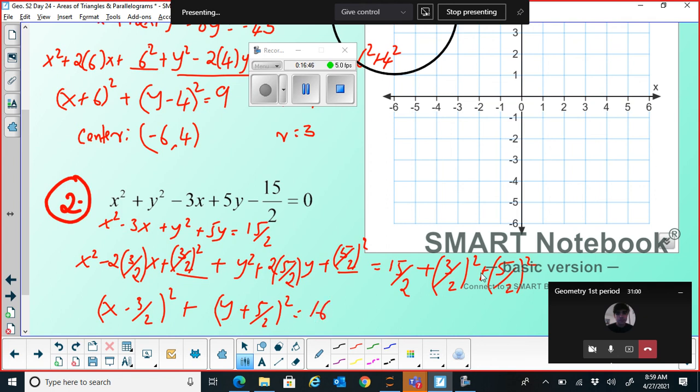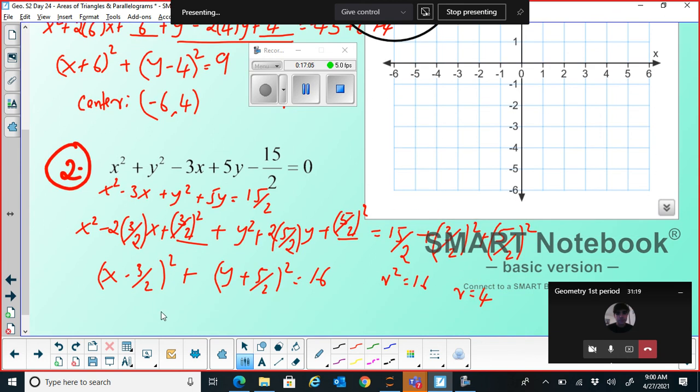So I simplify by taking LCM and I have 16, so therefore r square is 16, that implies r equals 4 taking square root, and the center is 3 over 2 and minus 5 over 2.